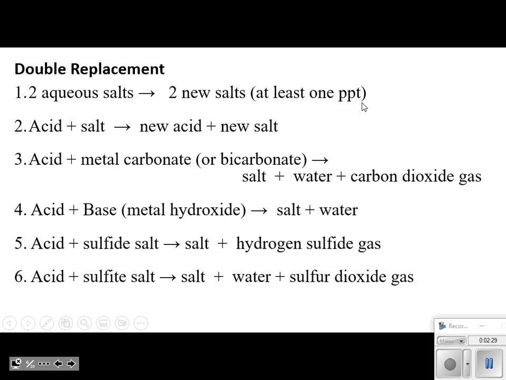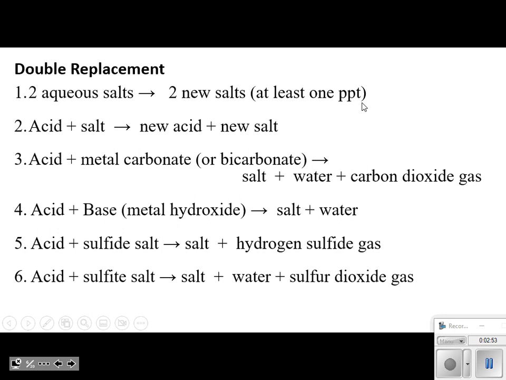Anyone have any idea? It's a solid that will eventually sink to the bottom of your reaction environment.